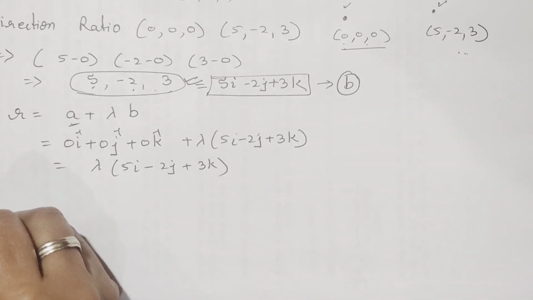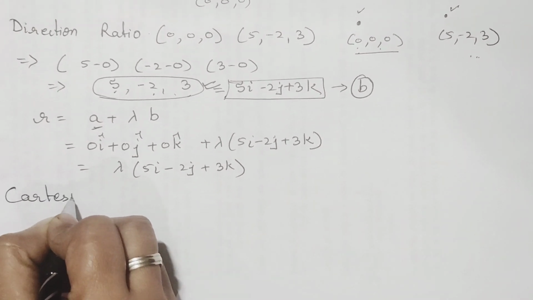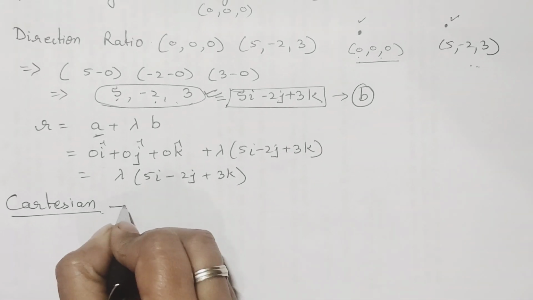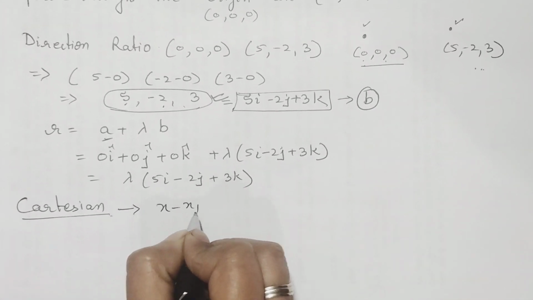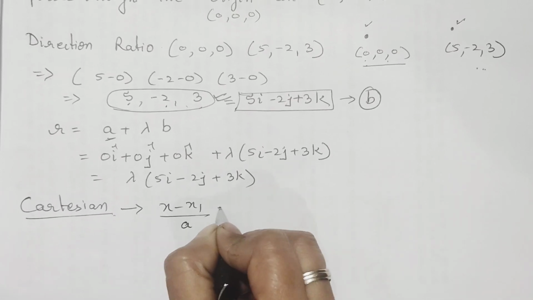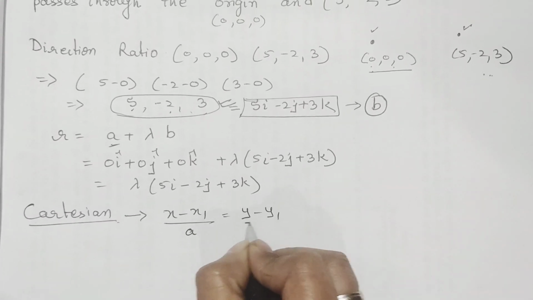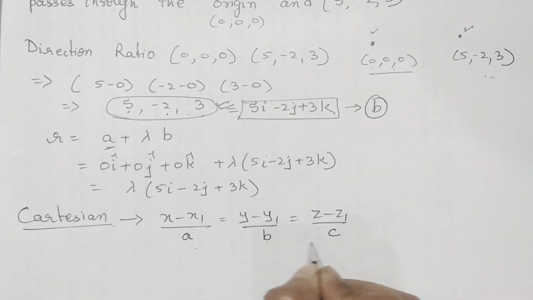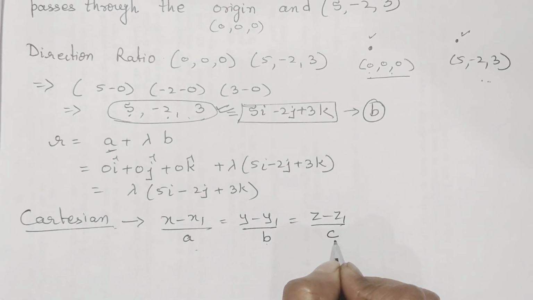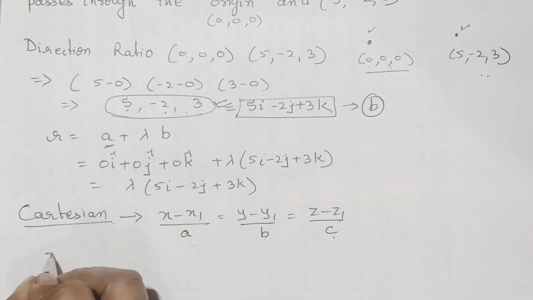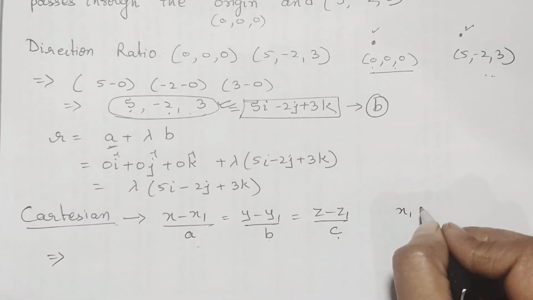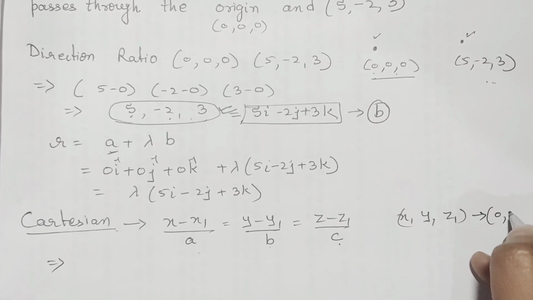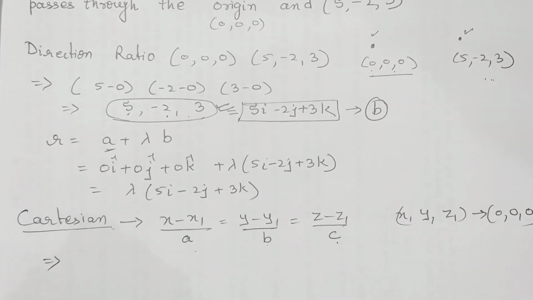Now we have to find the Cartesian equation. According to our formula, the Cartesian equation is (x minus x1) over a, (y minus y1) over b, (z minus z1) over c, where a, b, c are the direction ratios. Here the point x1, y1, z1 is the origin, so it becomes 0, 0 and 0.